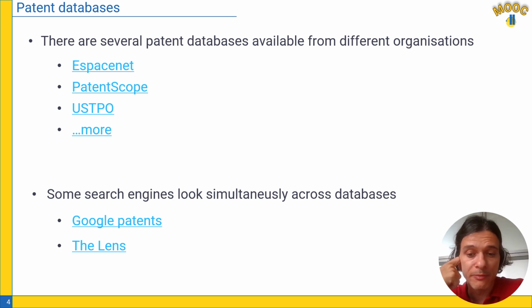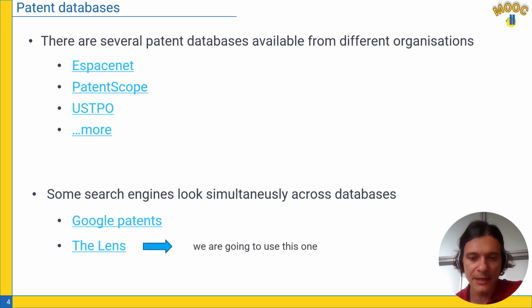We retrieve our information from patent databases, and there are several of those. You have Espacenet, which is the European patent database, PatentScope, which is the WIPO patent database that spans all over the world, USPTO, which is the American patent database. There's a lot of those. Each country has a patent database which might be more or less complete.